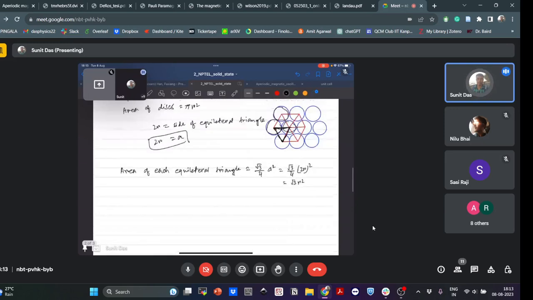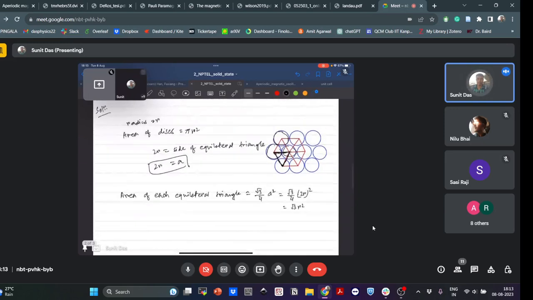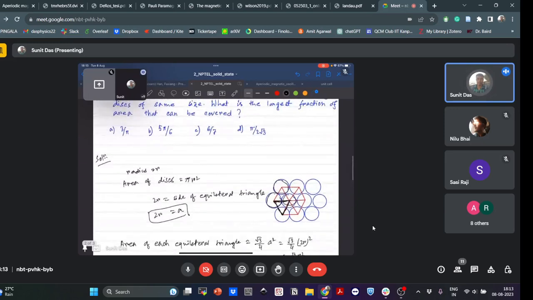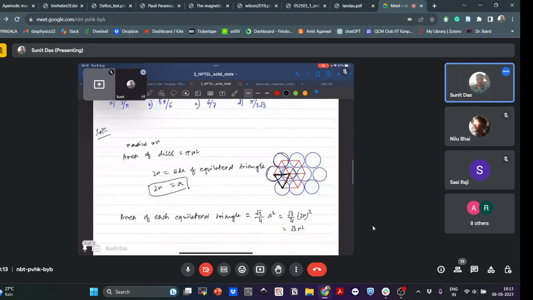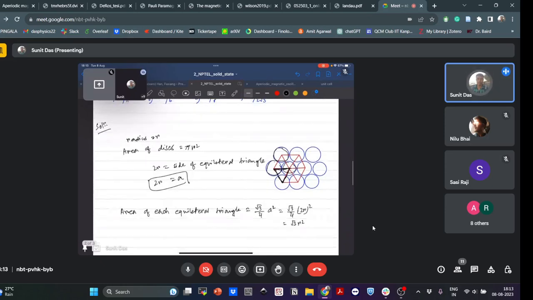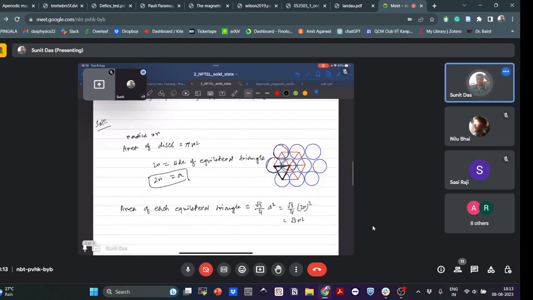Now we need to find how much fraction it covers with these circular discs. For that, we need to find how many circles, or how much portion of a circle or disc, is there in a particular triangle.